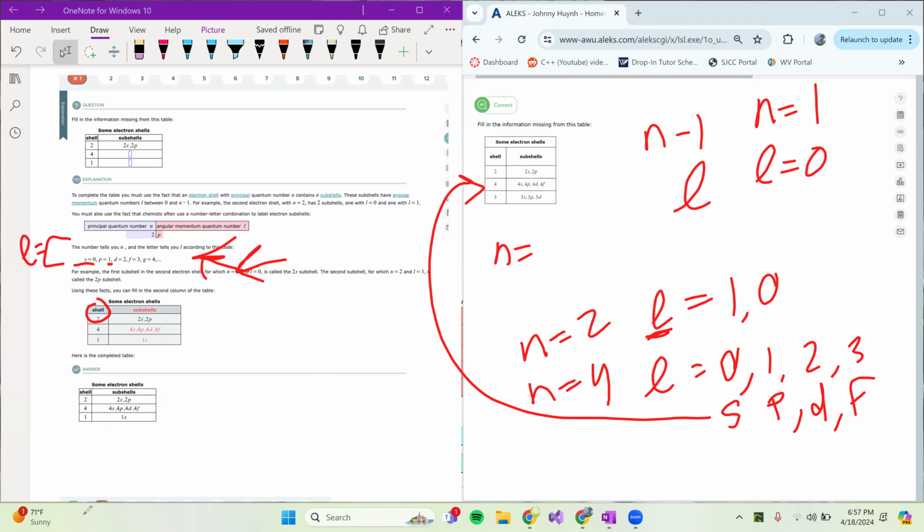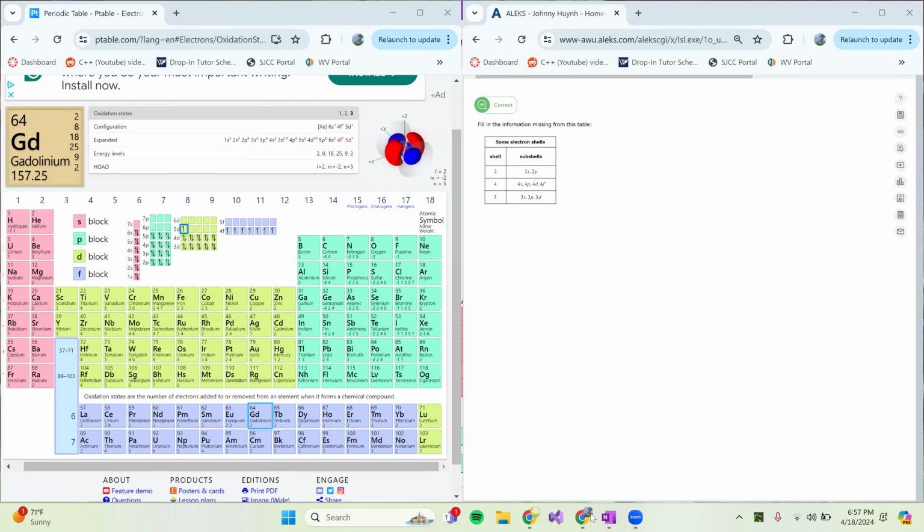Some other information that is good to know is that the n is also given by your period. So in this first row, we have n equals 1 for all of these elements, and then n equals 2 for all of these elements as well.